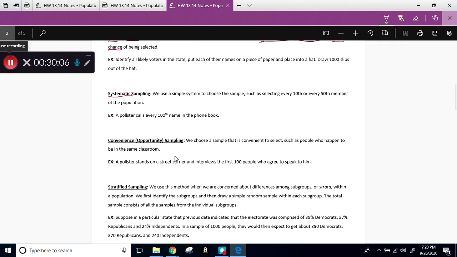Convenience or opportunity sampling. We choose a sample that is convenient to select, such as people who happen to be in the same classroom. Now, a lot of times professors will do that if they want to run some kind of experiment, maybe they want to know, for instance, if we do a flipped classroom in this room, I wonder how it would compare to another.